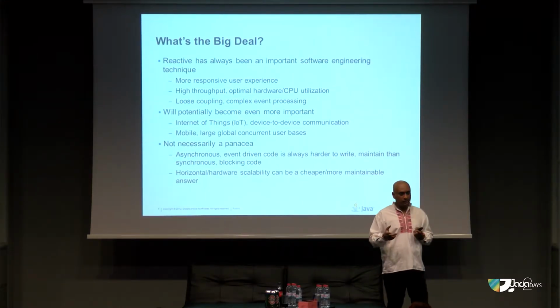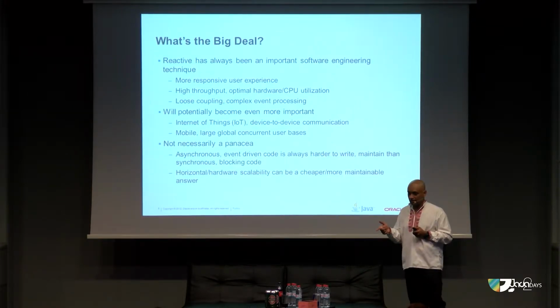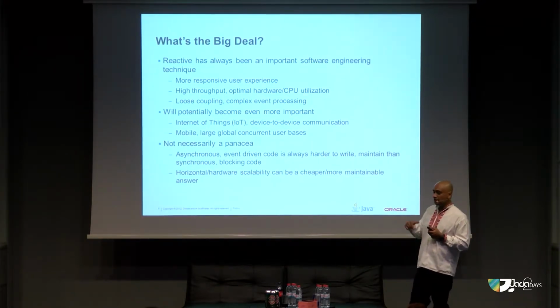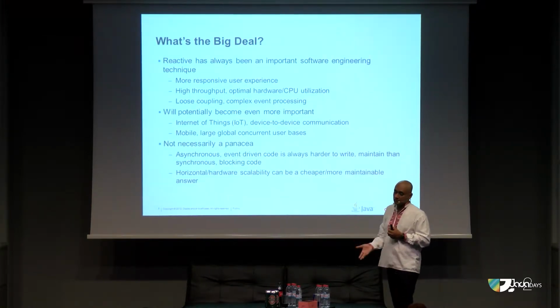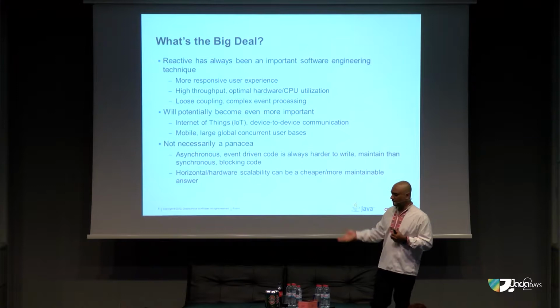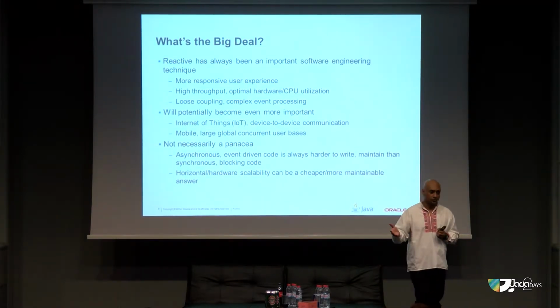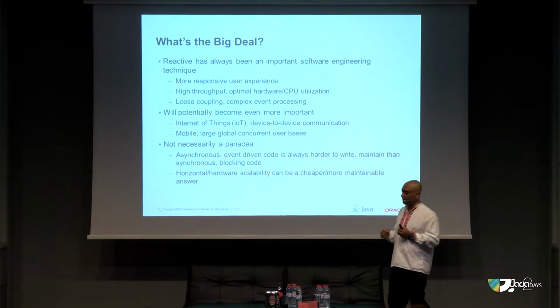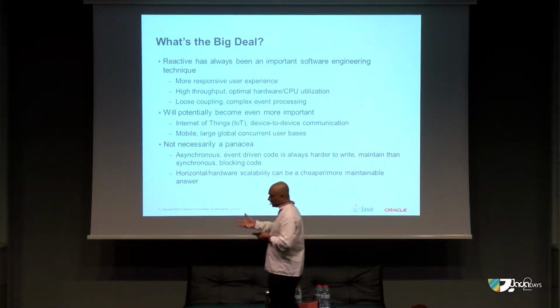If you are suddenly moving from a regional or localized user base to a global user base, what does that mean? It means a net increase in the number of concurrent users. Again, thereby making it more necessary to make optimal use of hardware, and hence making reactive programming a bit more relevant than it has been in the past.